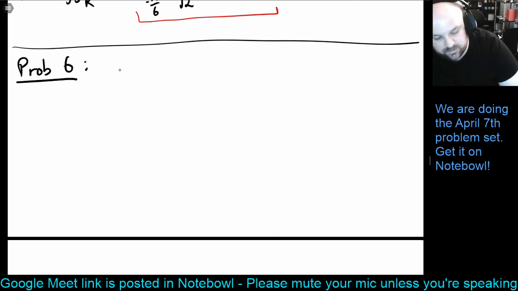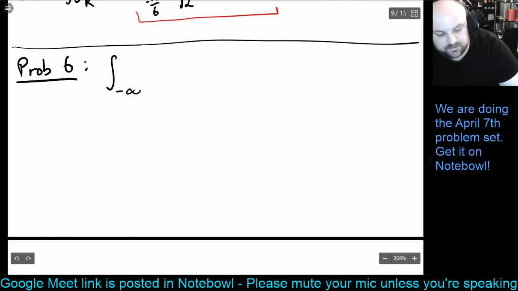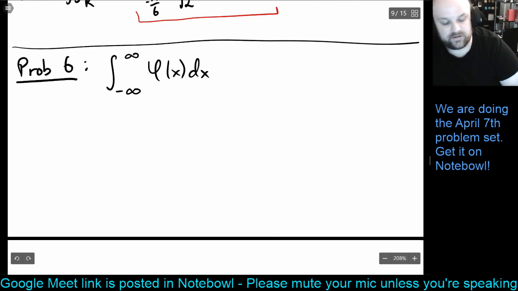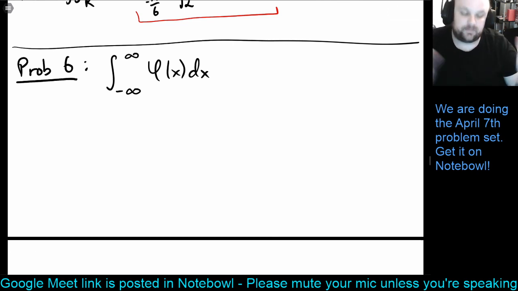So what we're sort of doing is we're trying to compute this integral here. Right? This would give you the total probability, and this should be 1 if it's a good probability distribution.